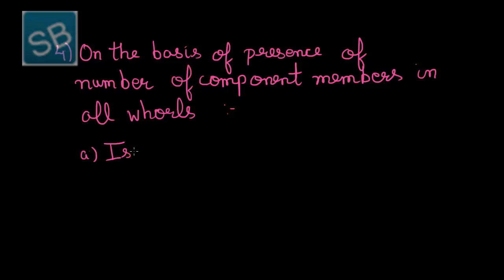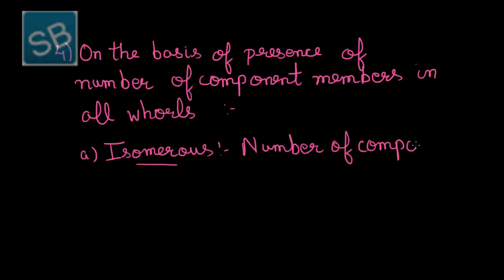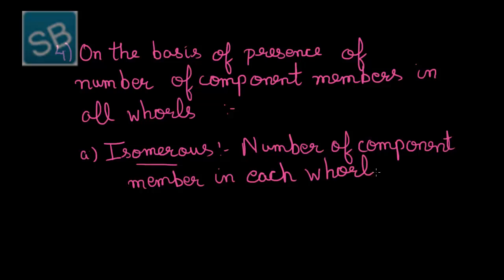First is isomerous. In this, the number of component members in each one is same. For example, in isomerous flower, if there are three petals, then the number of stamens, carpels and the sepals would also be three in number.